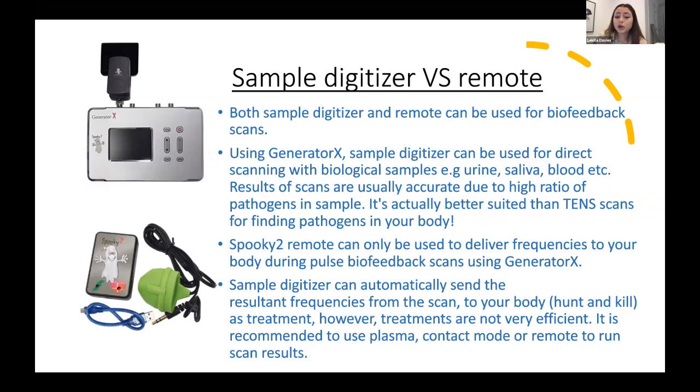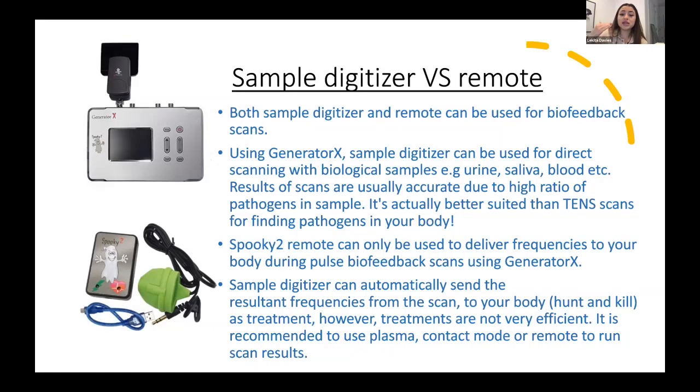Whereas the Spooky2 Remote can only be used to deliver the frequencies to your body, but you need a Spooky Pulse on to detect your heart rate and how you're reacting. Sample digitizer can automatically send the resultant frequencies from the scan to your body. So you could do hunt and kill.